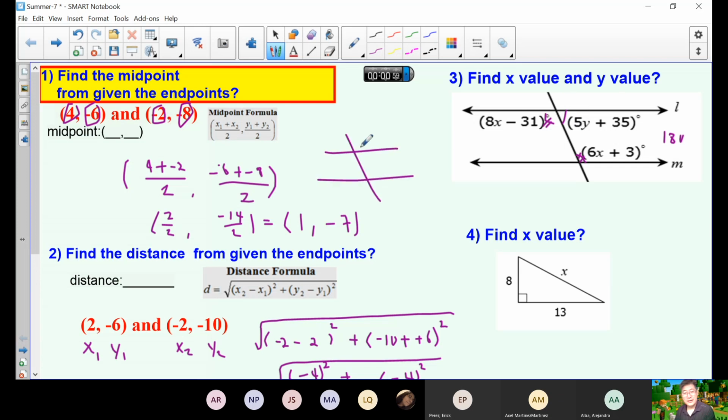Like this corresponding angle, right? And alternate exterior angle, right? This is the alternate interior angle. They're the same. Consecutive interior angle. They're making together 180, right?